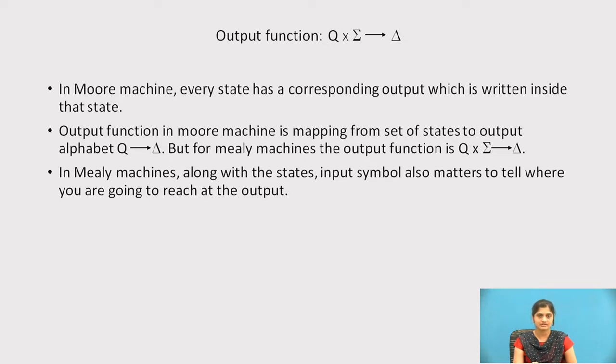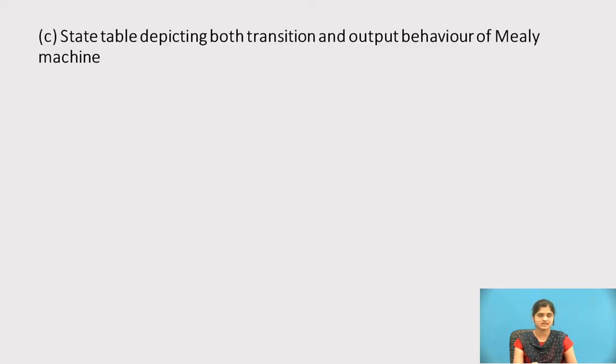That means the difference we can find is that for the output function in Moore machine, there was no involvement of the input alphabet, whereas for Mealy machine, the output function is the cross product of the set of states with the input alphabets going towards the output alphabets. So in Mealy machine, along with the states, the input symbol also matters to tell what output you are going to reach.